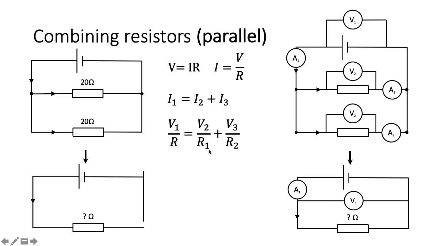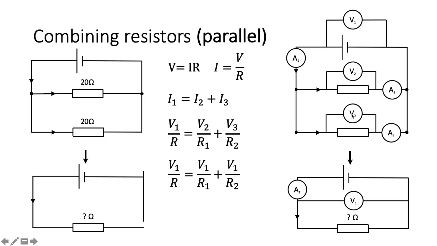And that, therefore, substituting, means that V2 over R1, which is the current through here, and V3 over R2, which is the current through here, must also add together to give this overall current. I1 equals I2 plus I3: this current equals that current plus that current. Just to remind you, since this is a parallel circuit, all these potential differences are actually the same.